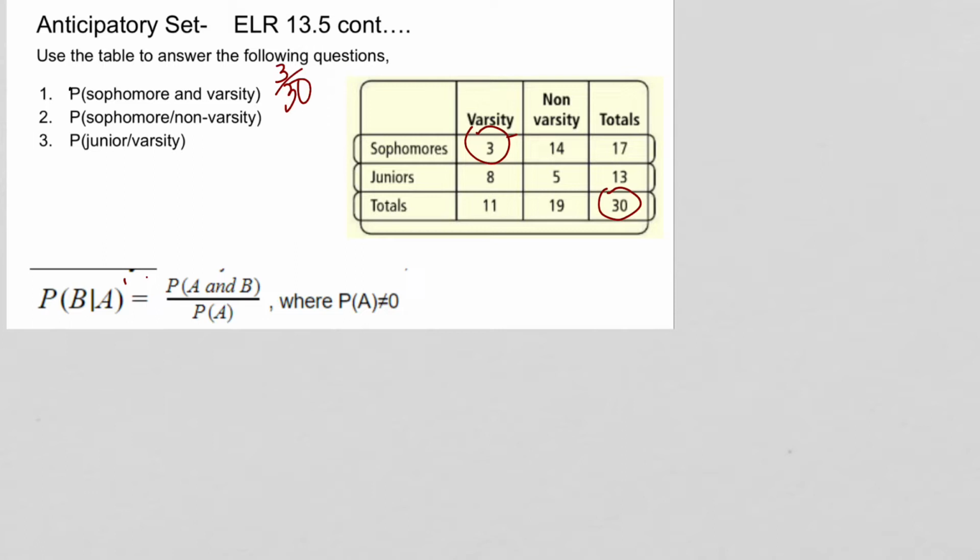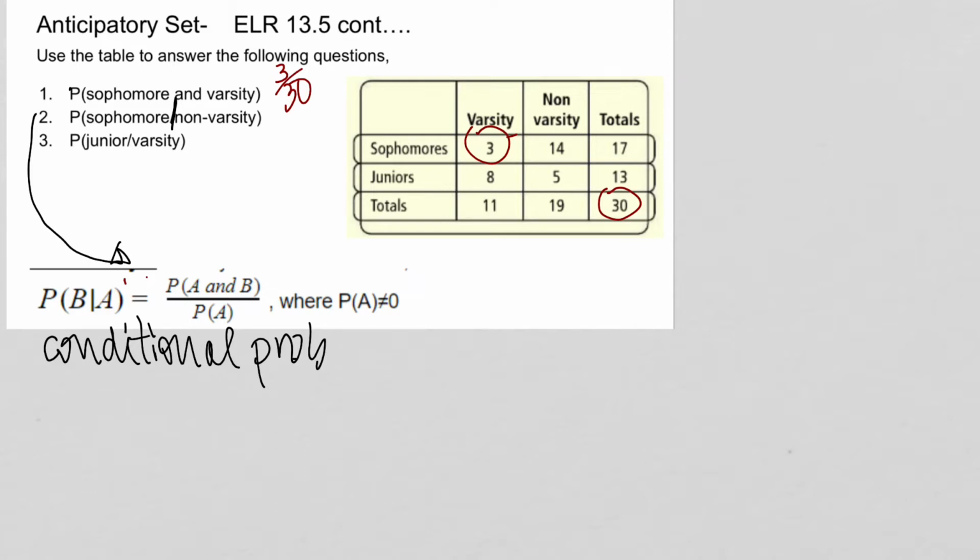The next one there, sophomore, and it has this slash, and this slash means given. So you find the probability that this person is a sophomore given they are on the non-varsity team. So this is the one that we were talking about in last class. This is the one where we're going to be using the conditional probability formula here below. So I'm going to actually follow it exactly.